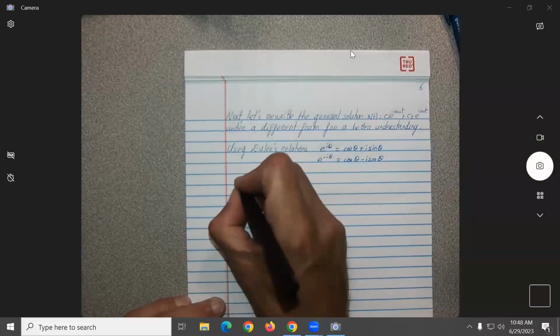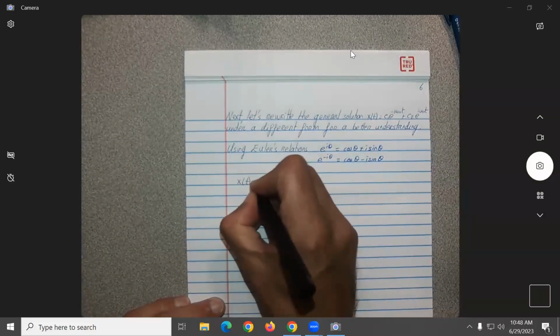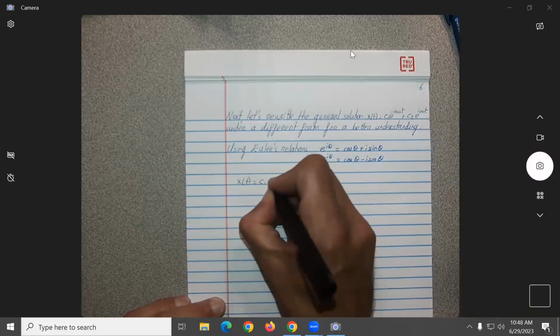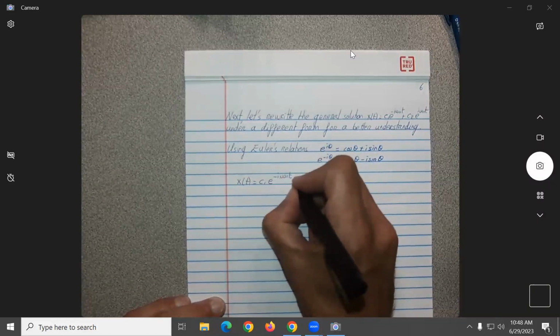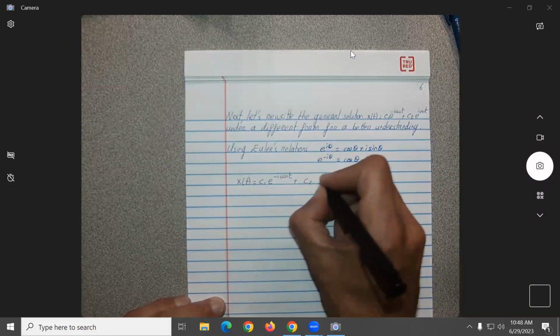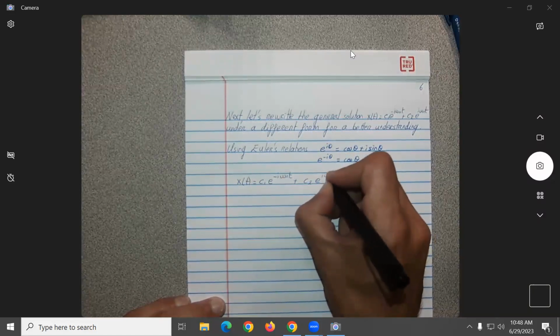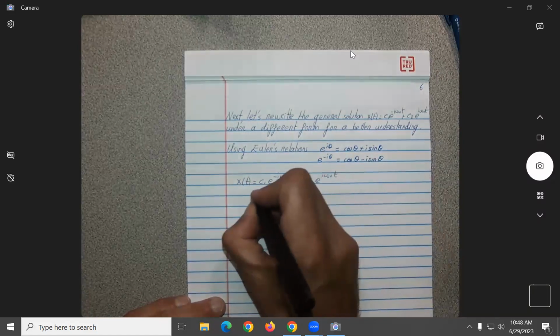Okay, so then we have this expression here, which is x of t equal to c1 exponential minus i omega n t plus c2 exponential i omega n t.